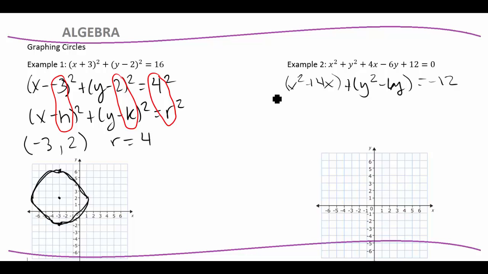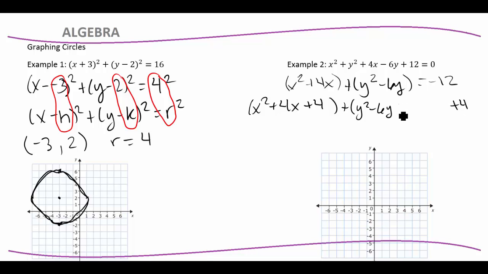So let's go ahead and complete the square. So we're going to have x² + 4x. Now 4 divided by 2 is 2, which squared is 4. So we're going to add 4. And remember, we have to add it to the other side, so we're going to put plus 4 down here at the end. We're going to add to our second term, −6y. So −6 divided by 2 is −3, which squared is 9.